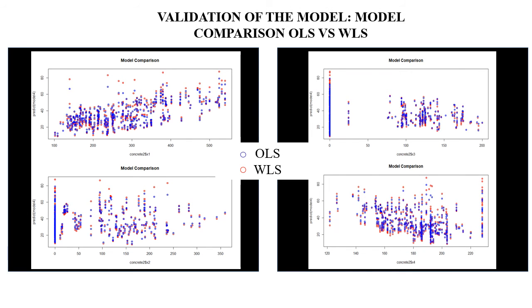When comparing the unweighted model with the weighted model for the first 4 predictors, it seems that the unweighted model is more conservative to make predictions than the weighted least squares model. In blue are the unweighted least squares, and in red the weighted least squares model for predictors X1, X2, X3, and X4.